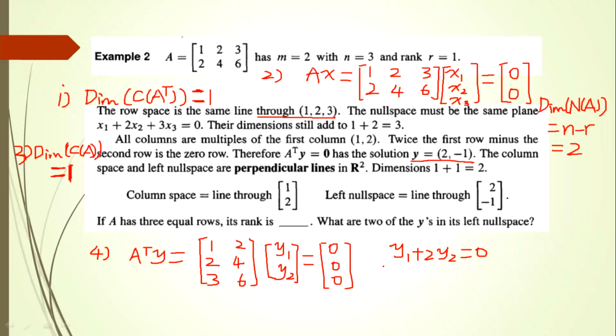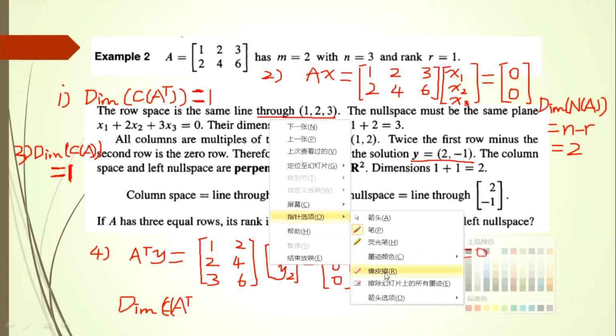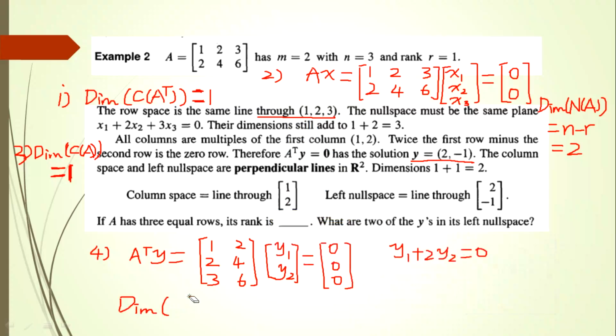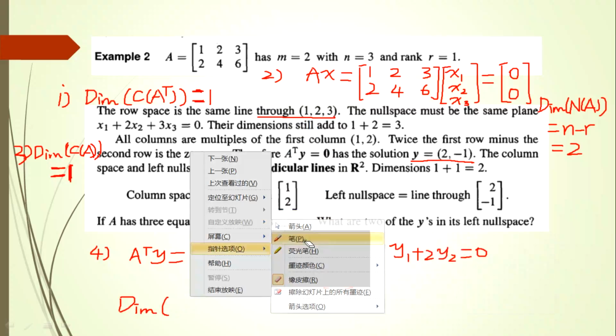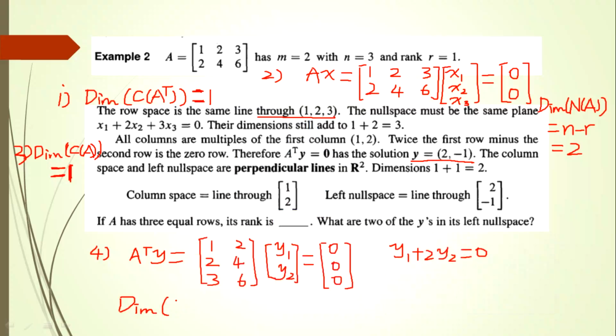So actually, the dimension of the left null space will be m minus r. 2 minus 1 is 1.